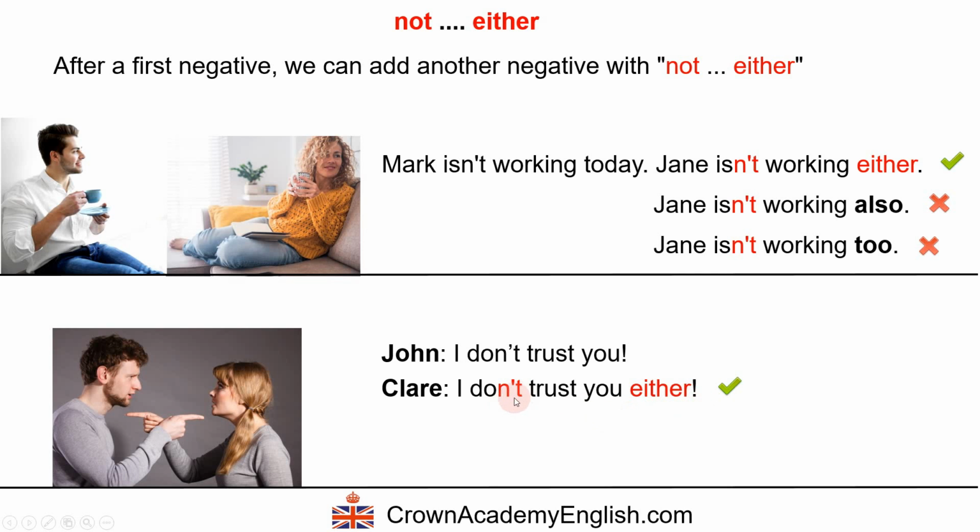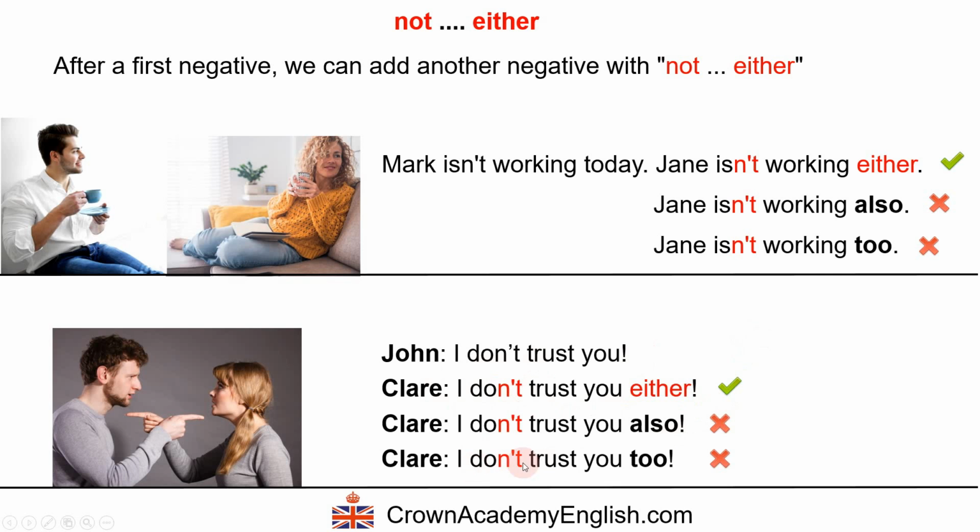So this is the contracted form of not. So John is saying, I don't trust you, and Claire is also saying, I don't trust you. Okay, so we say, I don't trust you either. And this is wrong. I don't trust you also, and I don't trust you too is also a big mistake.